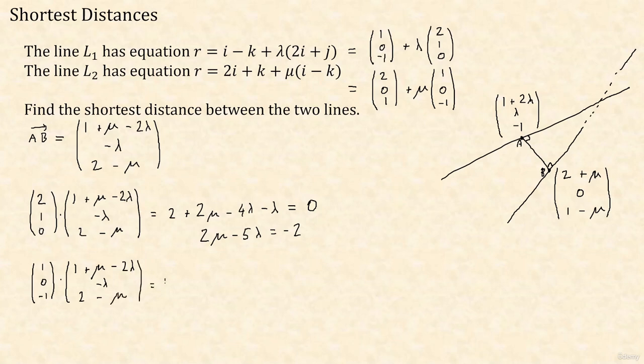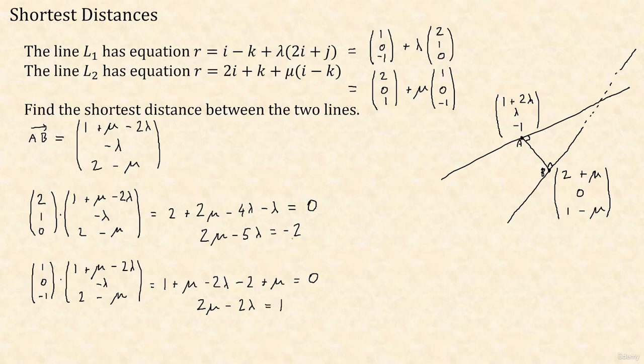Expand that, and I get 1 plus mu minus 2 lambda, 0 for the next line, and then that bottom line, minus 1 times 2 is minus 2, and then I've got plus mu here, and that has to equal 0 because it's perpendicular. Neaten that up, I have 1 plus 2 mu, so 2 mu minus 2 lambda, and that's 1 minus 2 minus 1, so that equals 1.